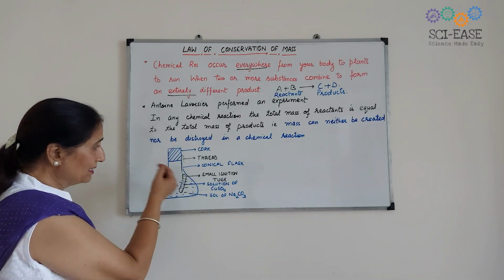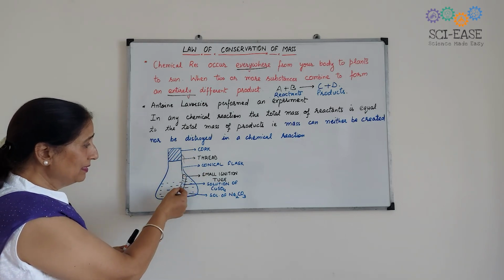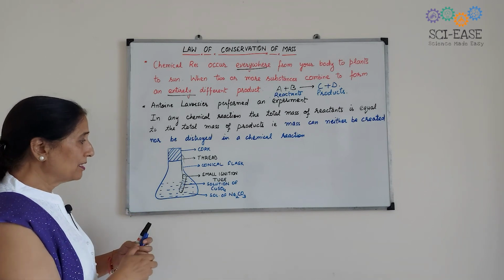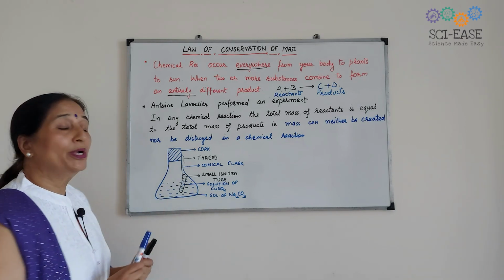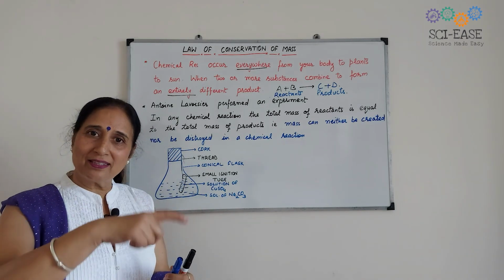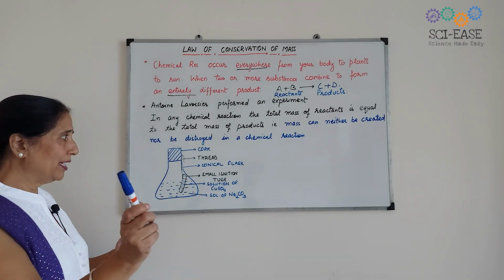Now, by using this thread, tilt this ignition tube having copper sulfate so that copper sulfate and sodium carbonate get mixed. Now, shake the conical flask well. One thing I want to tell you.